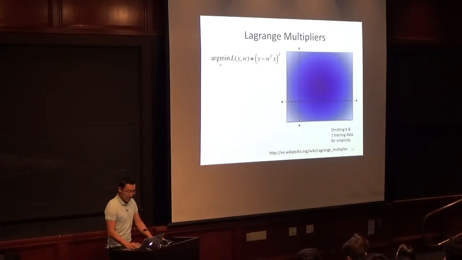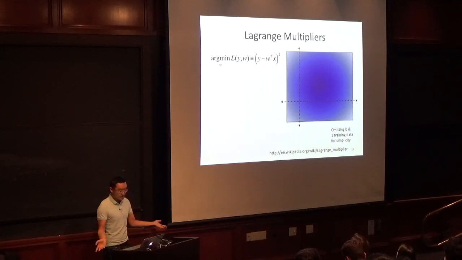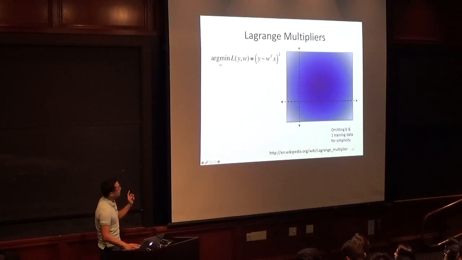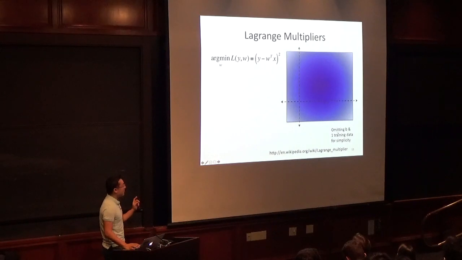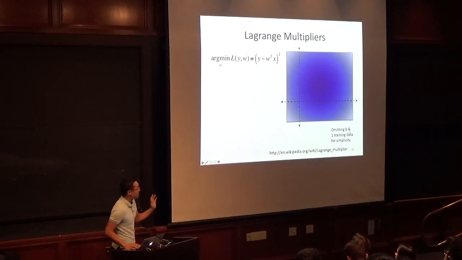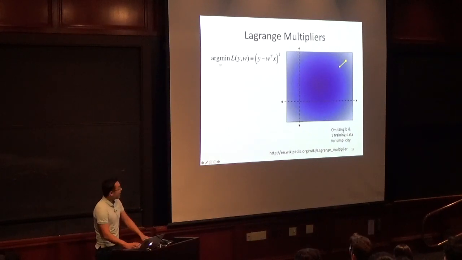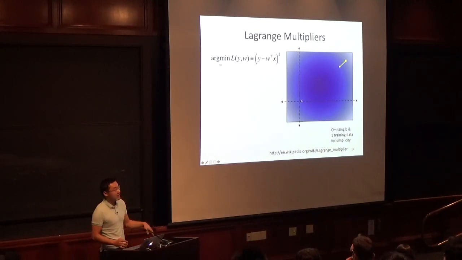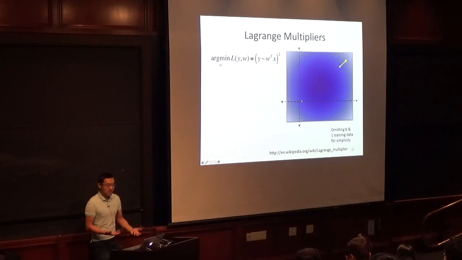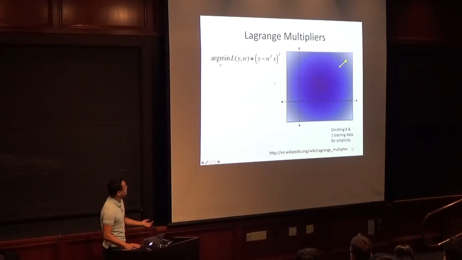In this very simple example, we're just going to have one training example, so just one XY pair. And we're going to completely ignore the bias term, the B term, for simplicity. What you see in this plot is the loss function of this optimization problem for this one example.